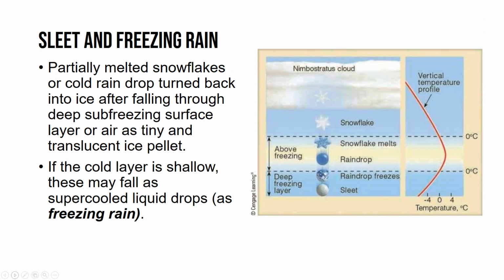Okay, so that's snow. How about sleet and freezing rain? Sleet is partially melted snowflakes or cold raindrops turned back into ice, after falling through a deep sub-freezing surface layer of air, as tiny translucent ice pellets. You can see the vertical temperature profile in the diagram.